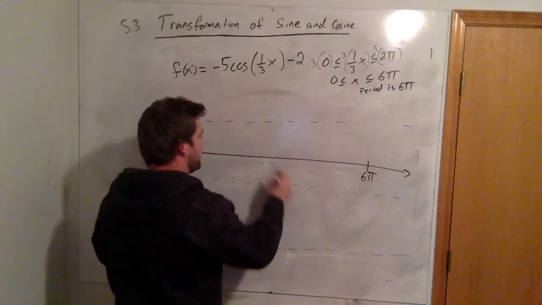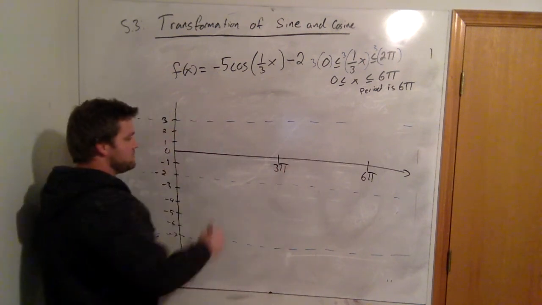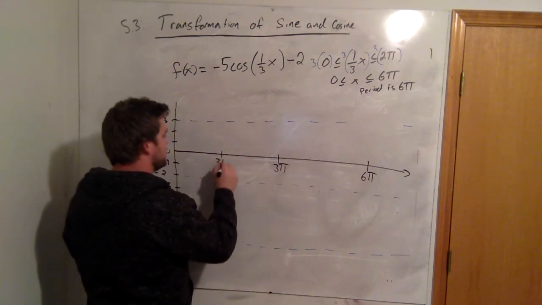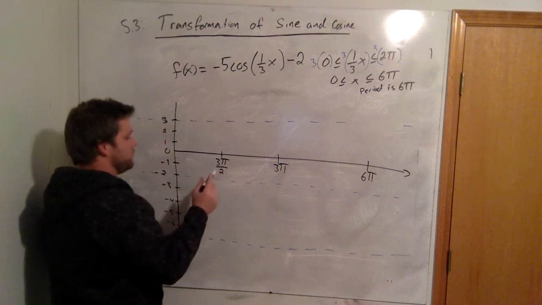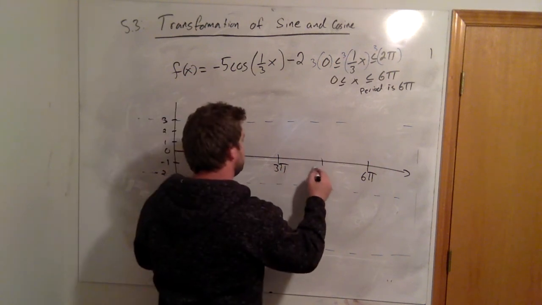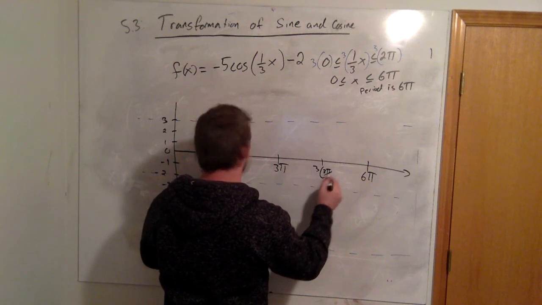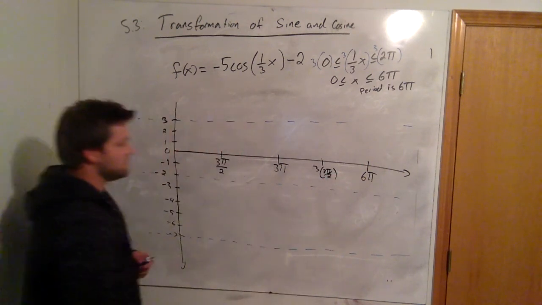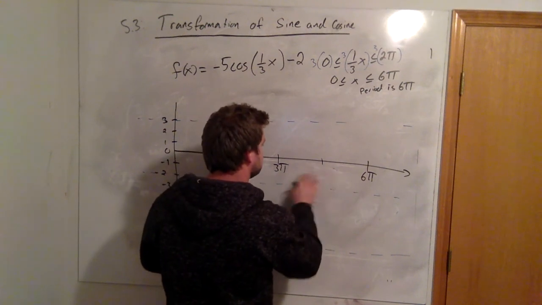Let's cut that in half, so I'll be at 3 pi. Let's cut that in half again, so we get 3 pi over 2. So we have 1 3 pi over 2, 2 3 pi over 2, 3 3 pi over 2, which is 9 pi over 2.